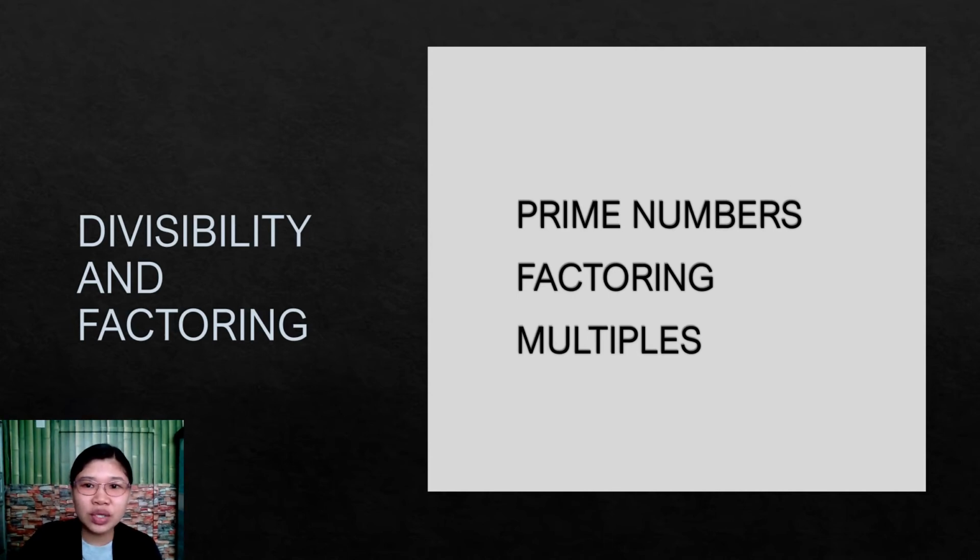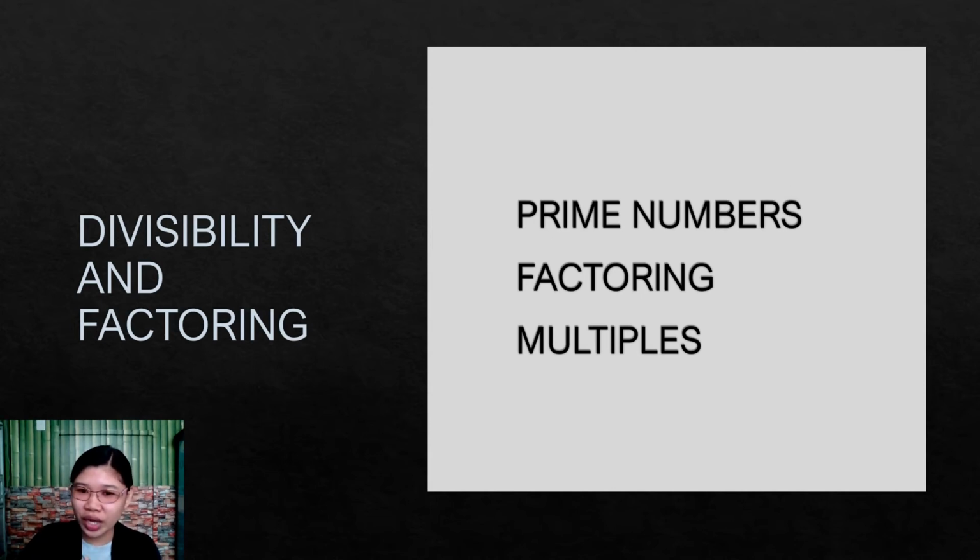The multiple of a number is the product generated when that number is multiplied by an integer. So the multiples of 7 are 7 times 1, 7. 7 times 2, 14. 7 times 3, 21. So those numbers are multiples of 7.